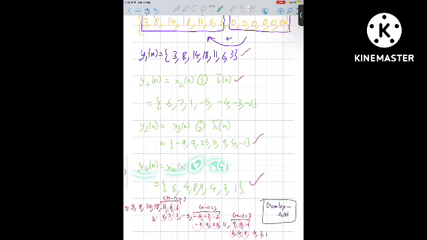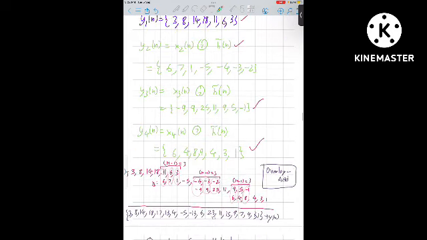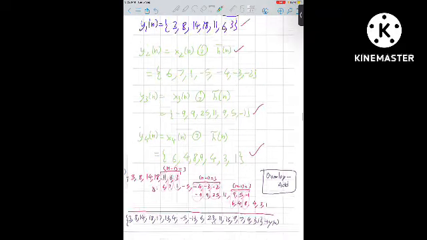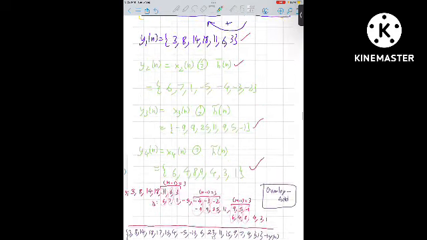How? 3, 8, 14, 18, 11, 6, 3, and we need to add the last m minus 1 samples to the first m minus 1 samples of the next block. 4, minus 3, minus 2.